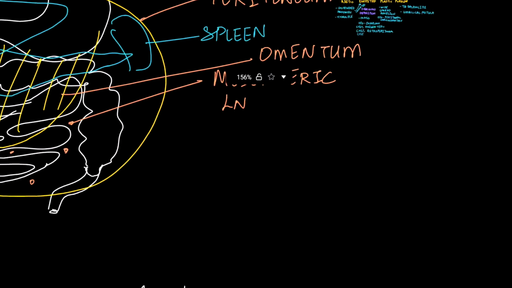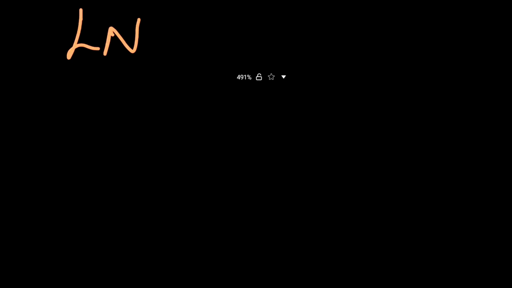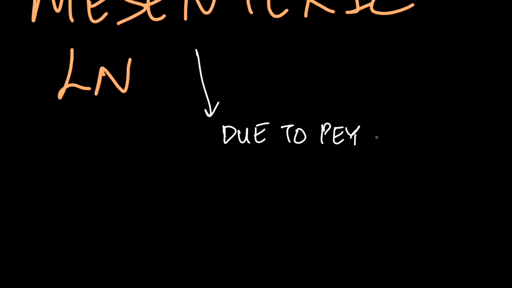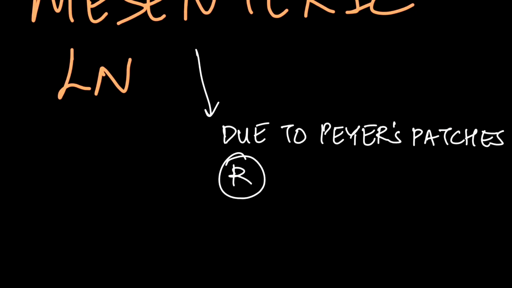Next, moving on to the mesenteric lymph nodes. So the infection in this case is usually due to Peyer's patches, and more commonly the right-sided lymph nodes are involved.